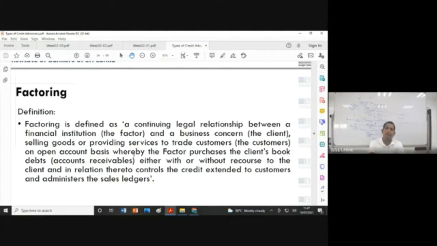Factoring is defined as the continuing legal relationship between a finance institution, the factor, and a business concern, the client, selling goods or providing services to trade customer, the customer, on open account basis, whereby the factor purchases the client's book debt, account receivables, either with or without recourse to the client, and in relation thereto controls the credit extended to customers and administers the sale ledger. This is a definition for factoring.